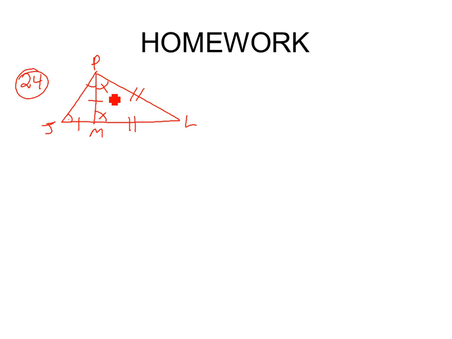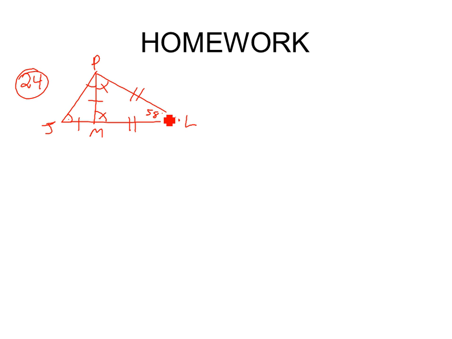So we have that, and they tell us, let's see, you said 24, right? P, L, J. PLJ, that's this angle. 58. Now let's just go through and I don't even care what angle they're asking us to find.